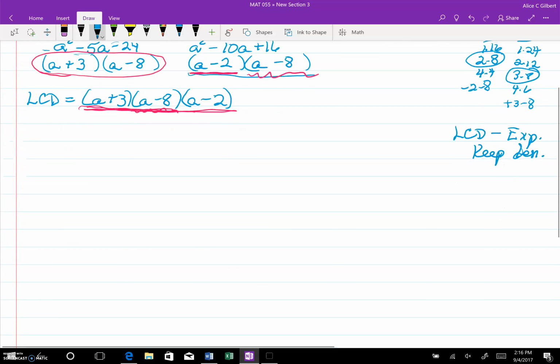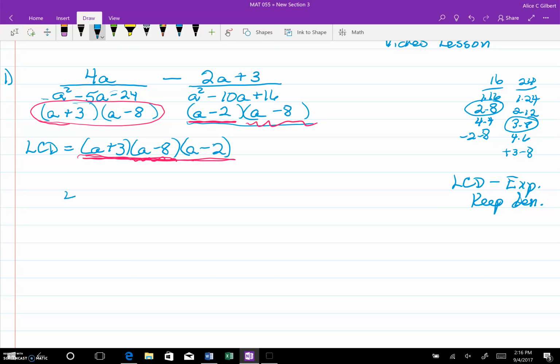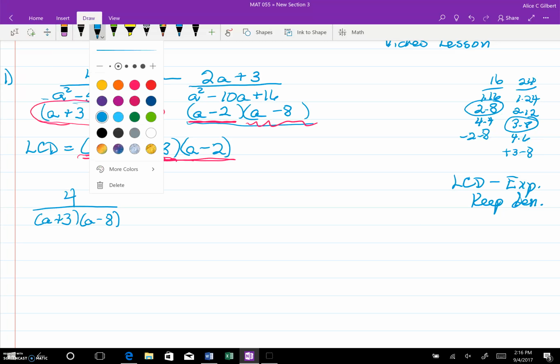So now I am going to write the denominator in factored form, always. Okay, I'm going to write down my first term exactly like it is.